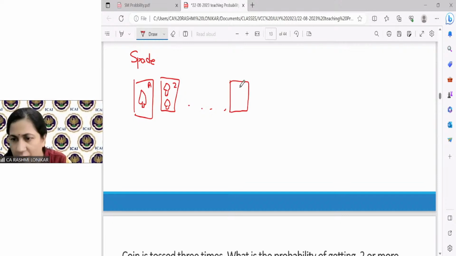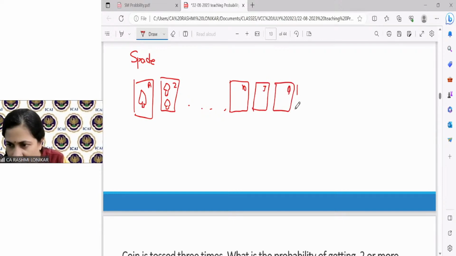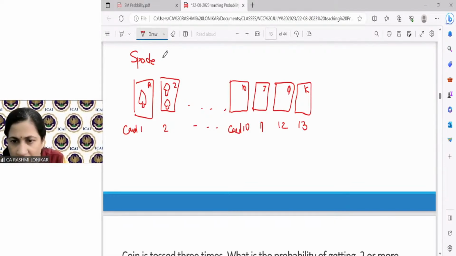You will have a 10 written, and then a card with a jack, then the queen, and then the king. So this is card number 1, card number 2, up to card number 10, then card number 11, 12 and 13. So how many cards are there? 13.